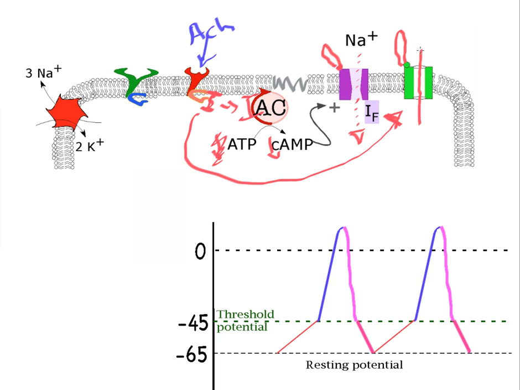Potassium is driven by the concentration gradient from the pump, and so you're moving potassium ions out at the same time as these sodium ions are coming in. Remember, there are fewer sodium ions coming in, so that reduced the slope. Now there's a bit of potassium ions going out.